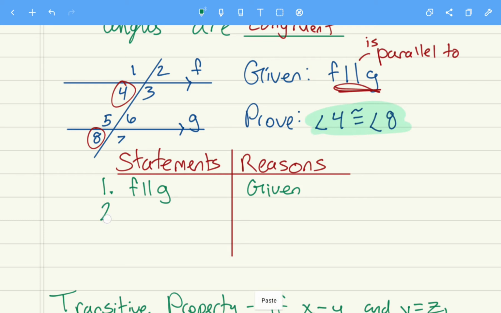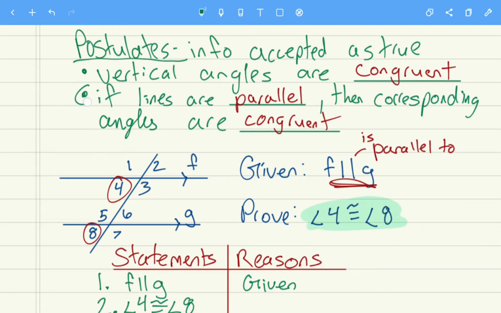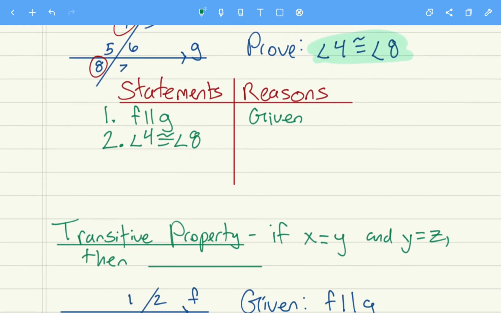Now, our second statement is that angle 4 is congruent with angle 8. And how do we know that? Because of our postulate right here. If lines are parallel, then corresponding angles are congruent. So let's go ahead and write that.